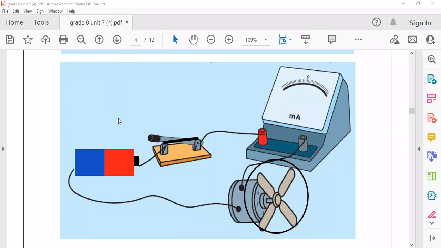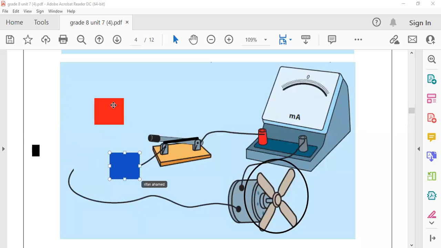Only one correction I am going to do. I am going to reorganize the battery, this side and this side. Understood? Yes, sir.